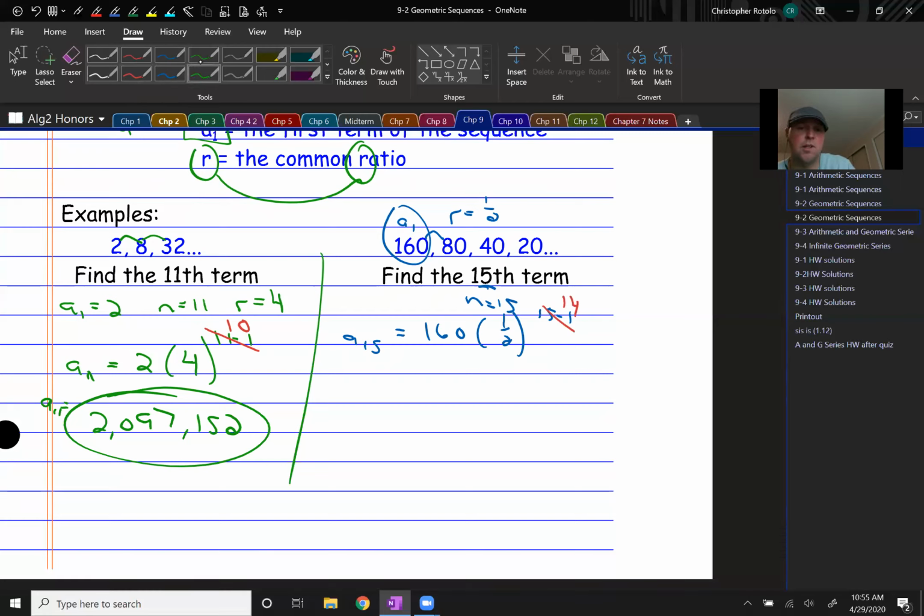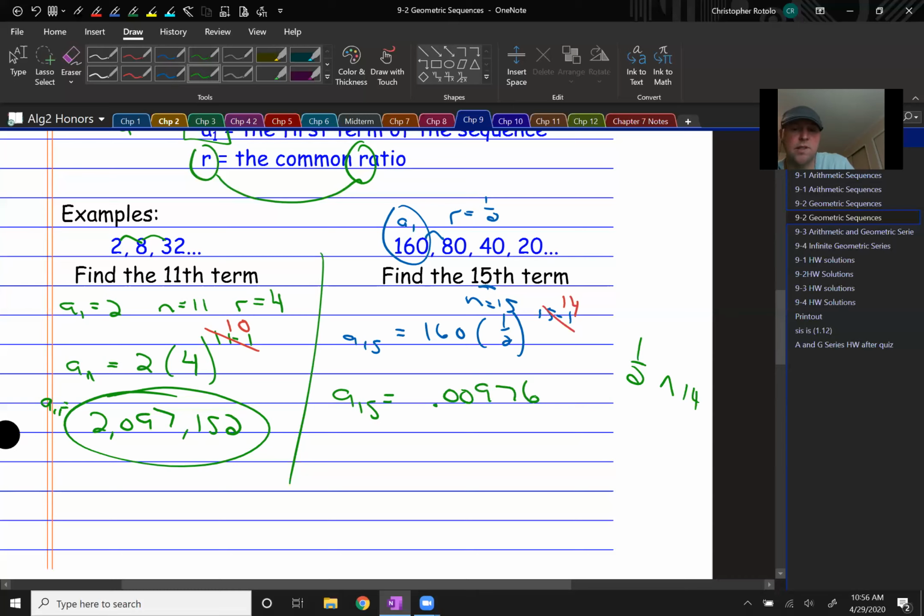But since it's new, I'm going to at least show that. So you got 1/2 or 0.5 to the 14th power. Remember that's 1/2 caret 14 on your calculator. And then take that times 160. That should be a relatively small number. It's going to get us down to 0.00976 to get our final answer. So that's how we find a term.